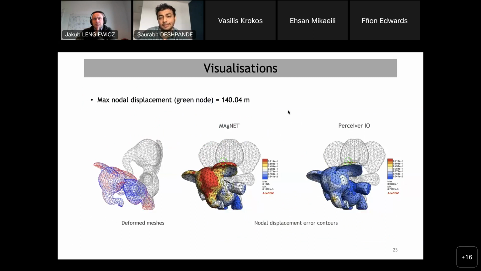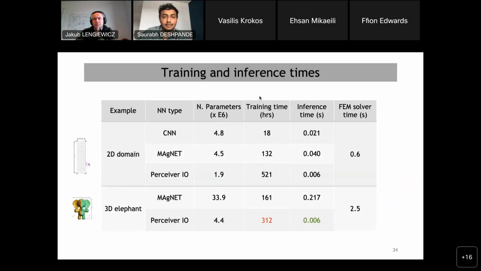Now, training and inference time. This can be of interest to many of us. If you look at the training times, you can point out that Perceiver IO specifically takes quite some time to train, but once trained, it's extremely fast in doing inference.